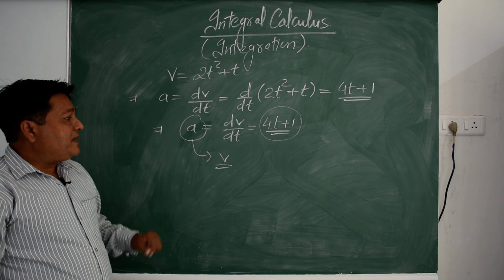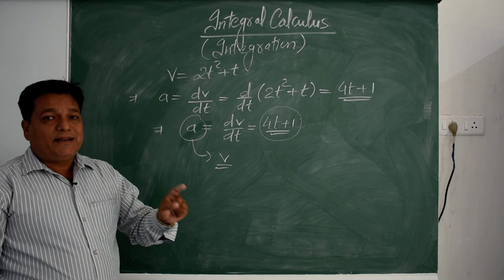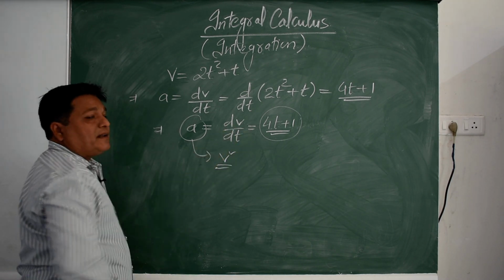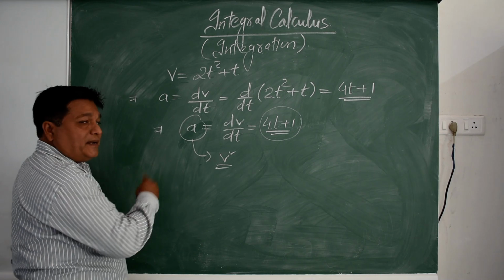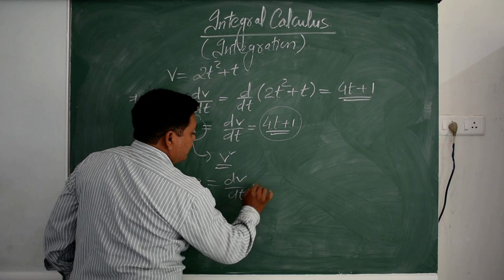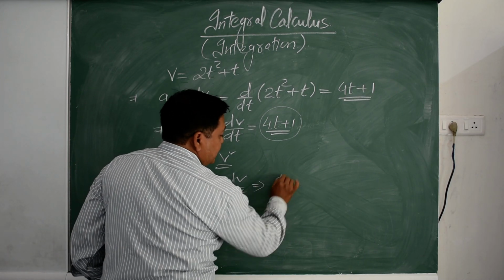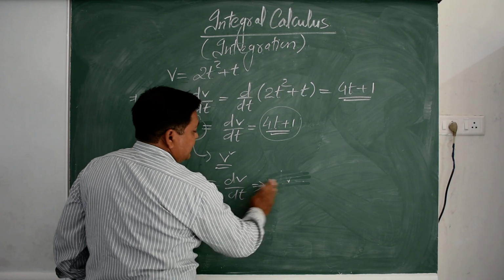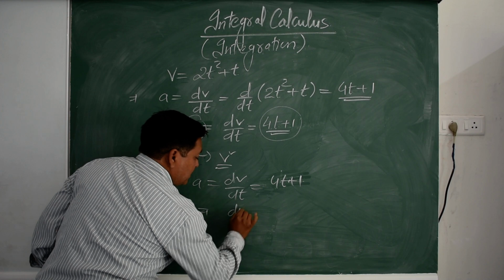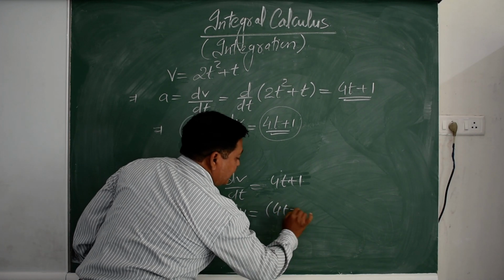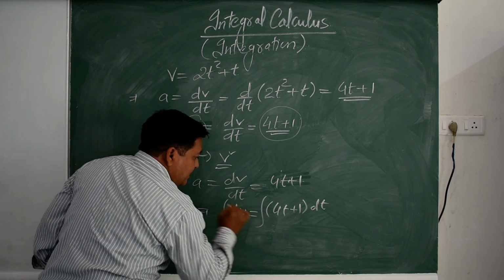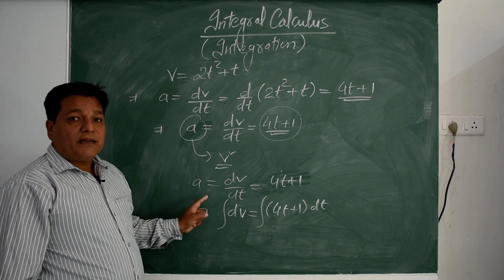In that case, we can solve this problem by using integration. Velocity can be determined from acceleration by the integration process. That is, a is equal to dv by dt, and we can write this as dv equal to 4t plus 1 into dt, and when we integrate it we get the velocity from the acceleration.